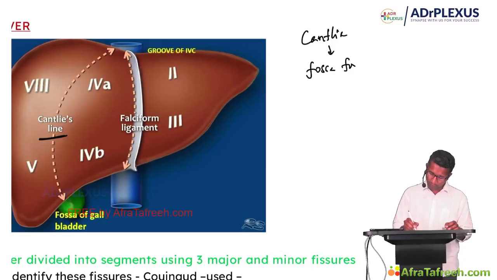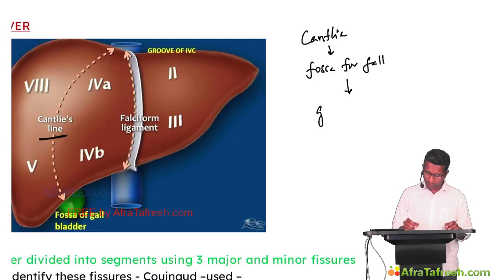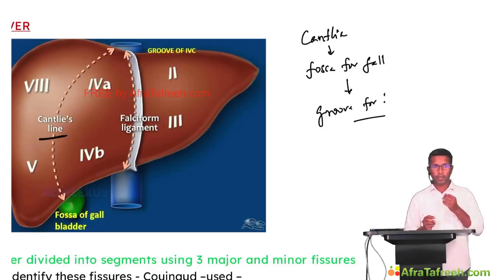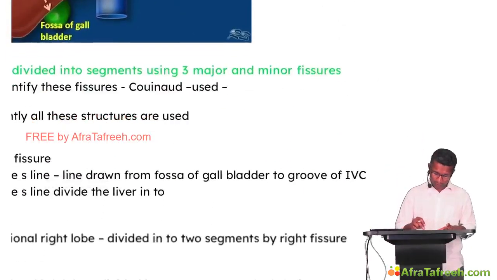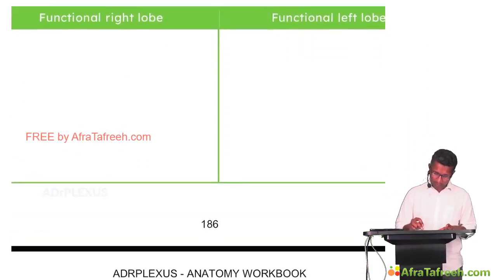It runs from the fossa for the gallbladder to the groove for the IVC. And they take this fissure as the main portal fissure.